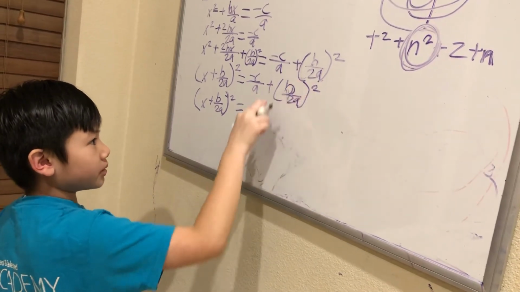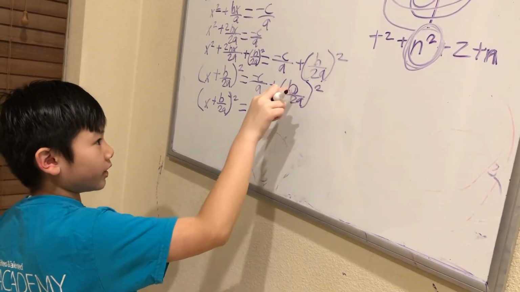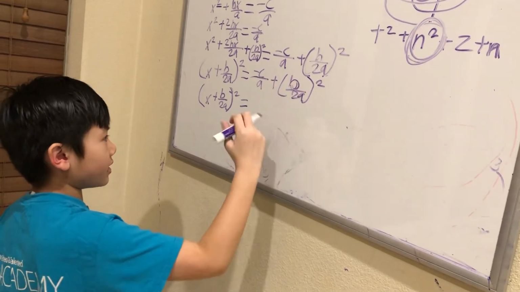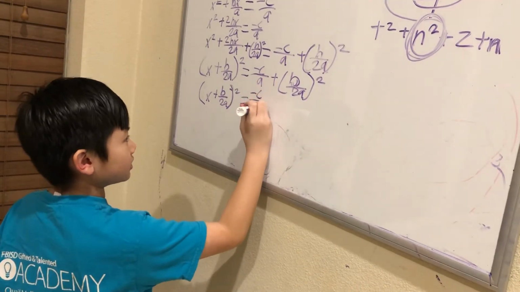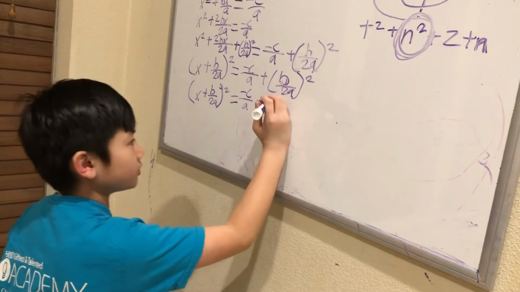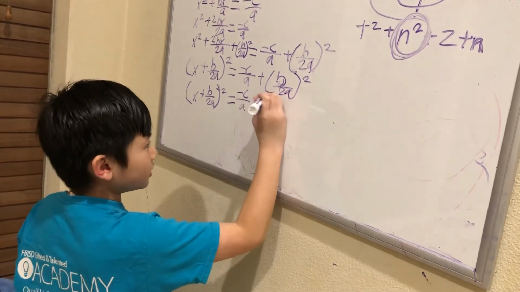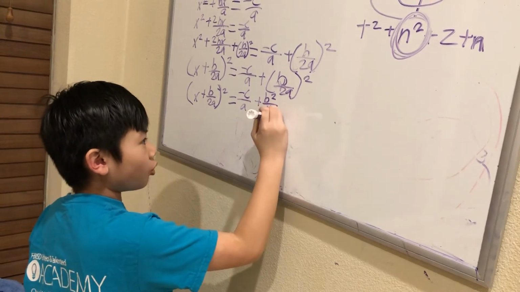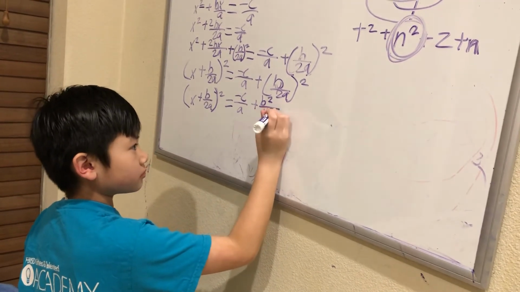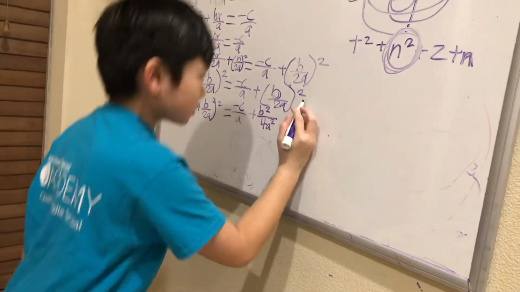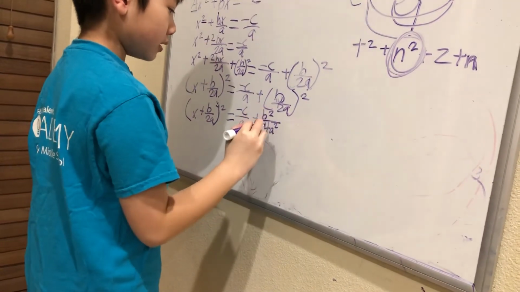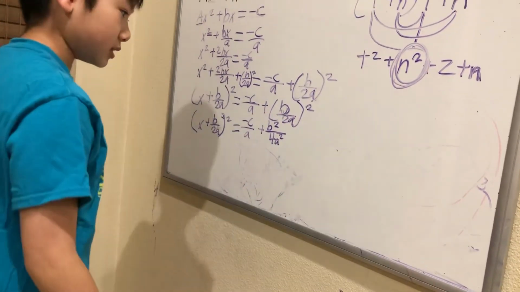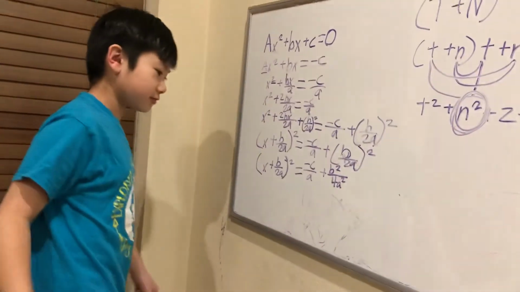We'll remove the parentheses by squaring b and 2a. And this is the same as always, at least for this line. So that becomes b squared divided by 4a squared, because it squares the 2 and the a, not just the a.